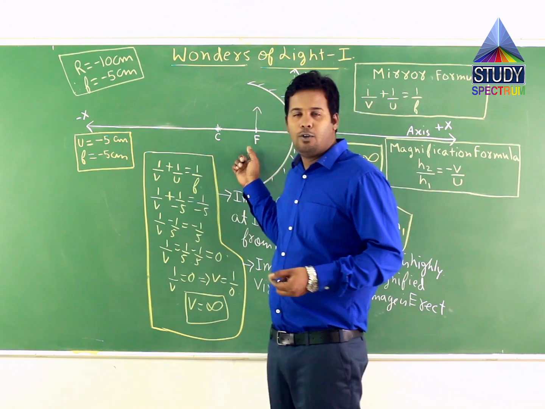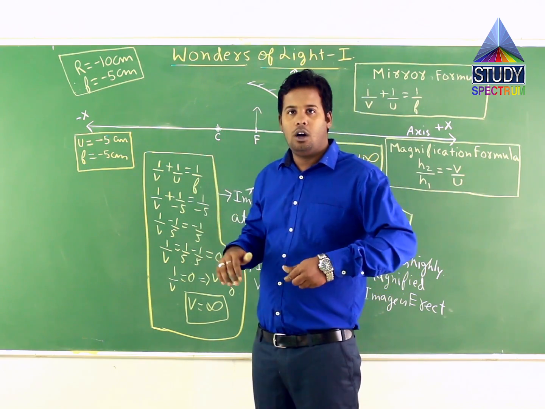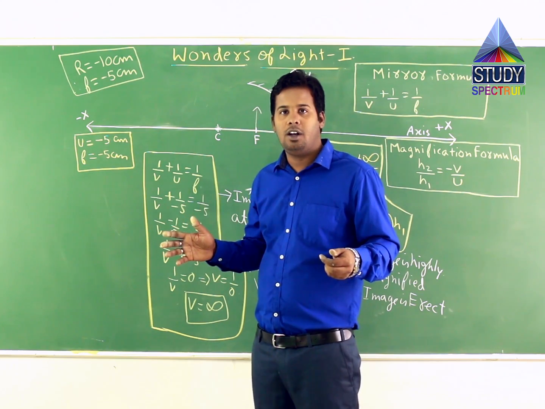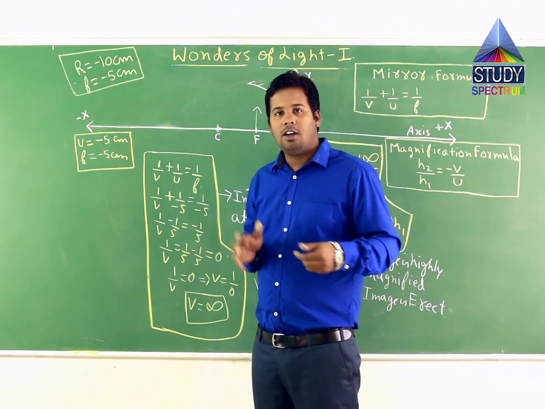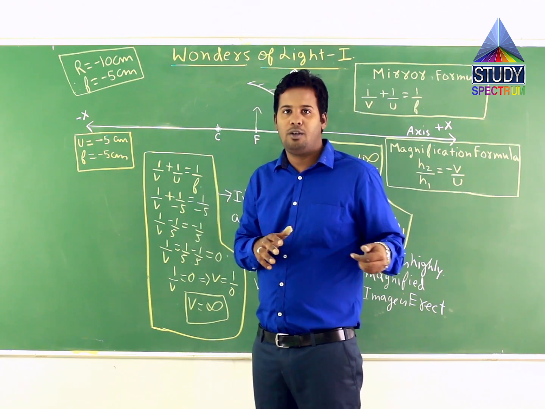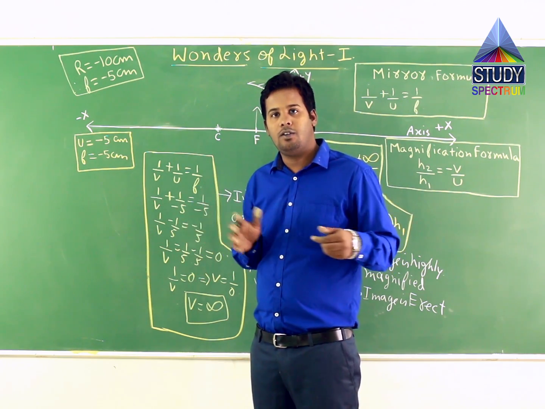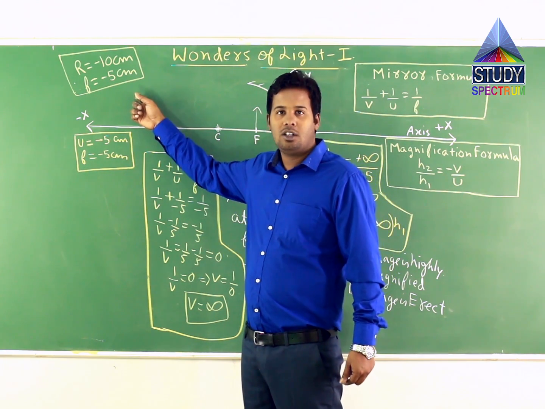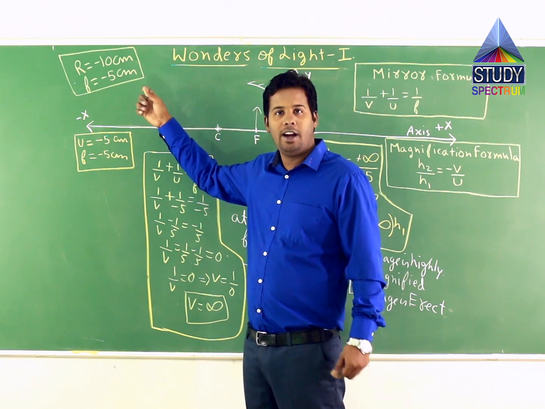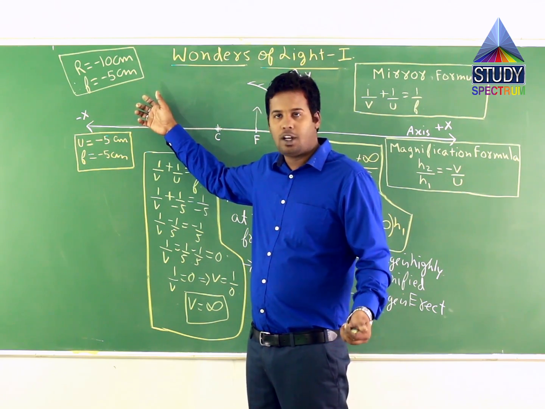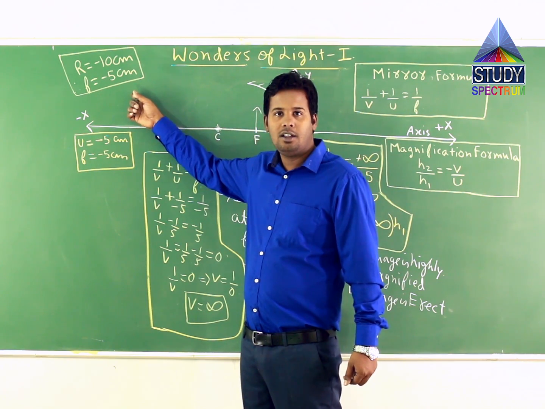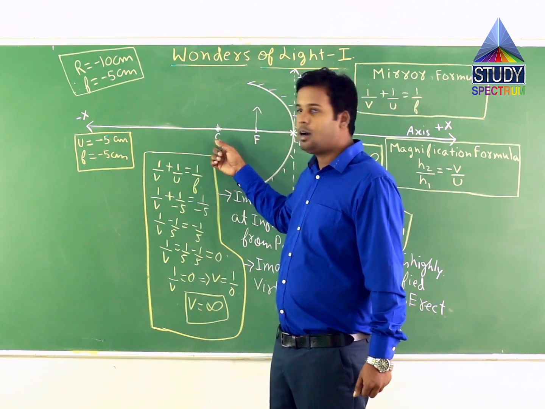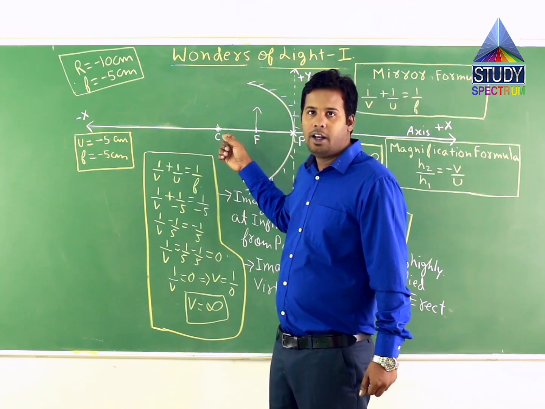Now since it is placed at focus point, and since we are doing calculations for theoretical questions where no data has been given and still the question asks you to describe the nature of image, position of image, whether it is real, virtual, erect, inverted, and so on, then in that case, to make calculations easy or to write the results in a very quick session of time, we will consider R as 10, minus 10 in case of concave mirror, because this point comes out to be on negative x-axis.